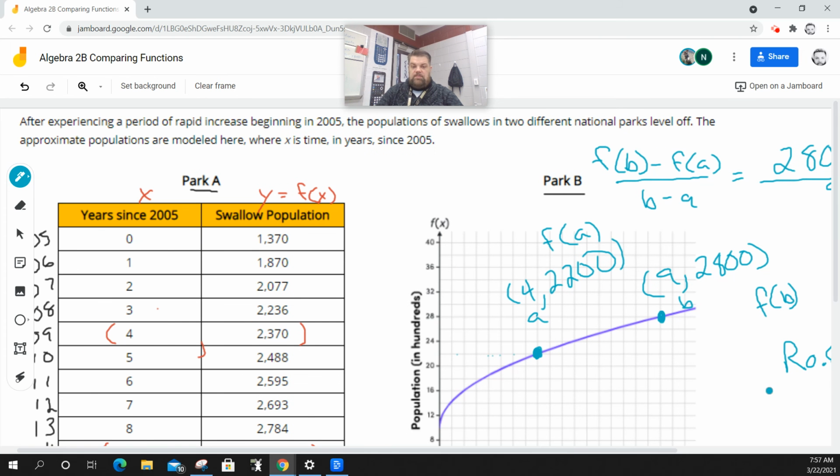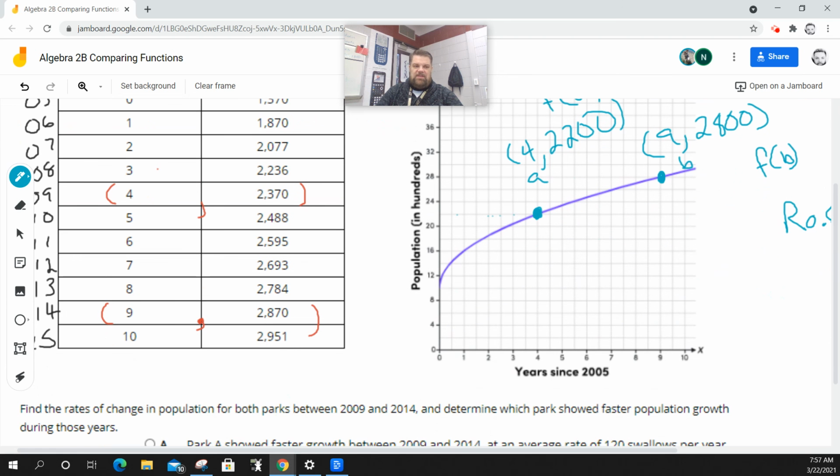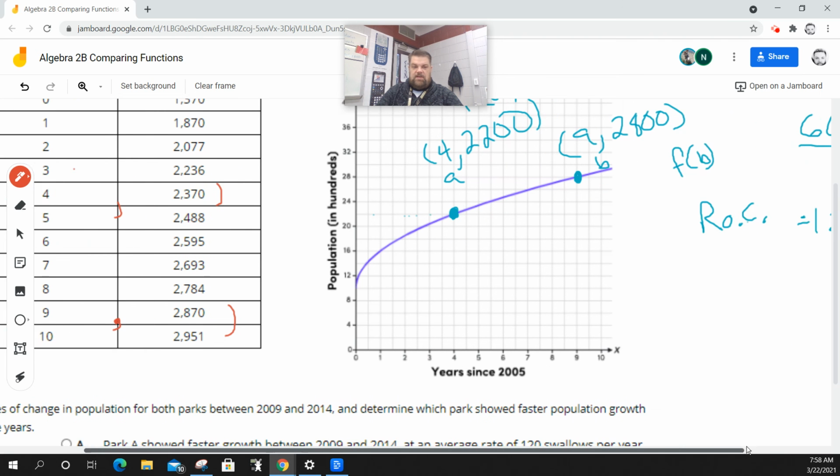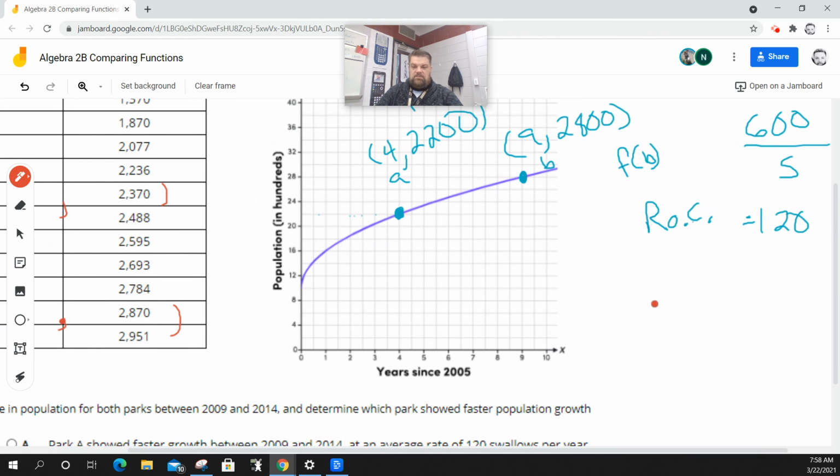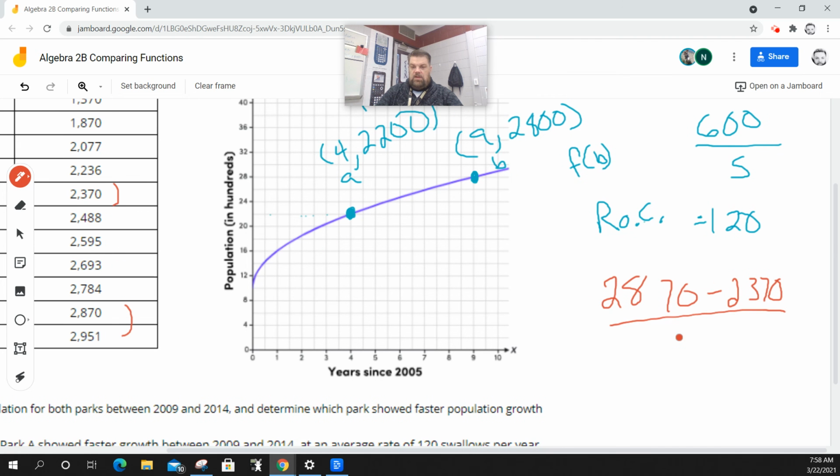So now I got to do the same thing with these numbers. So these are a little more complicated. Not complicated, but they're not nice, even to calculate numbers. So now for this one, I'm going to do the same thing, except it's going to be 2870 minus 2370 all over 9 minus 4.